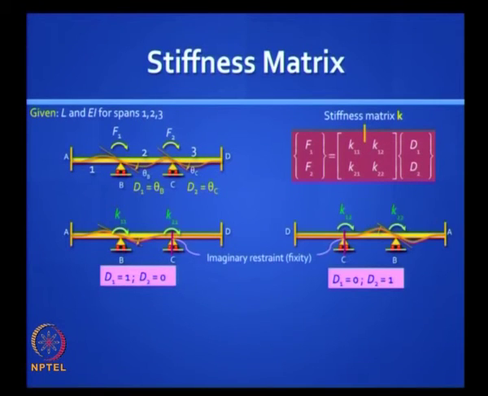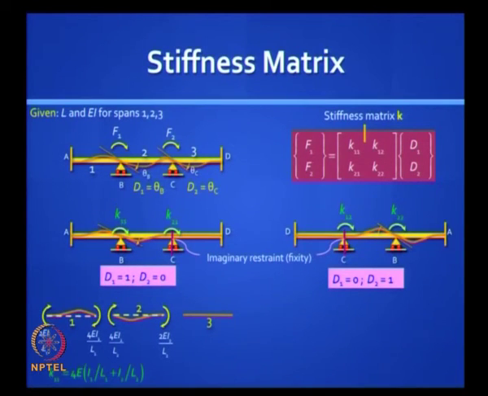And if you take the other case, it will look like this, right? You are now allowing D2 but arresting D1. So if you draw the free bodies, they will look like this without those forces, and 4 EI by L and 4 EI by L, but for the second element with the carryover.